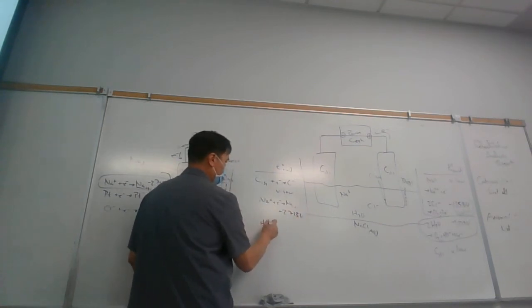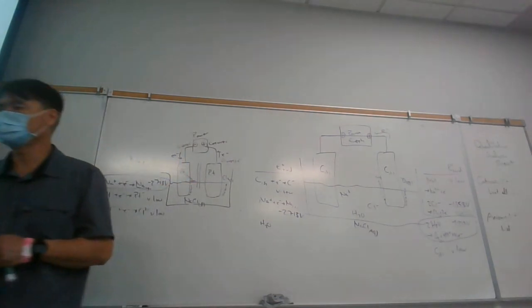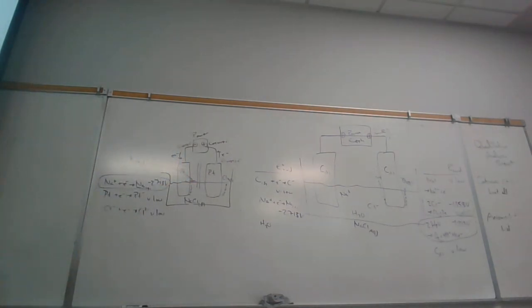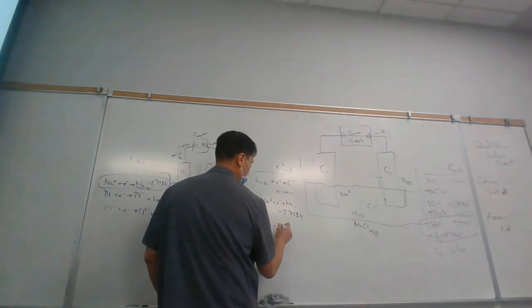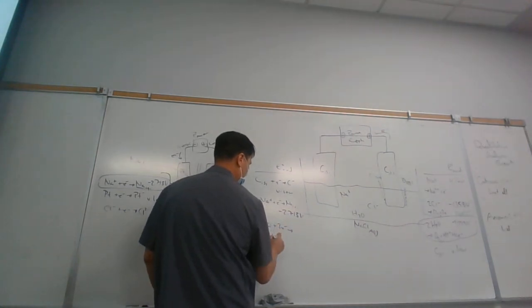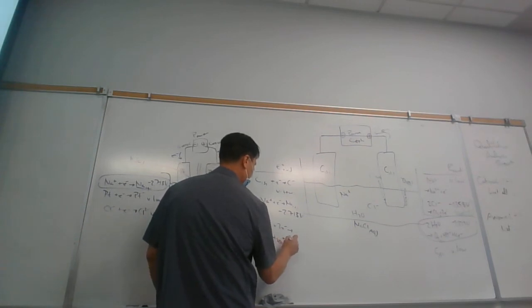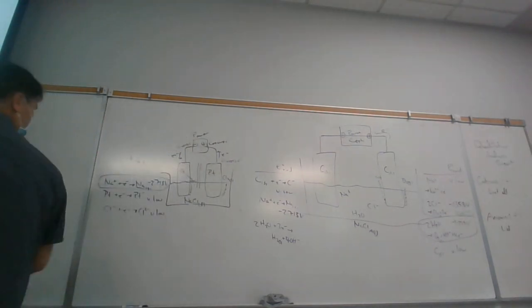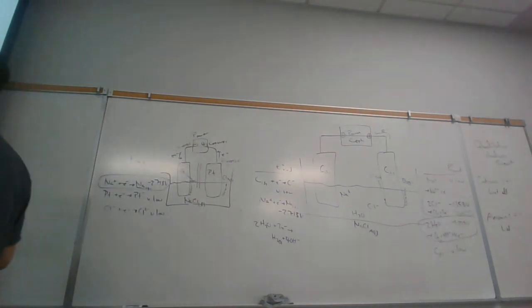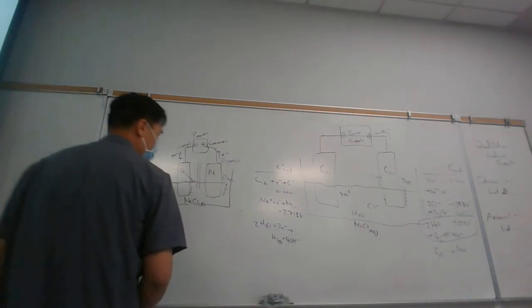And then we can also reduce water. And water is actually at the bottom of the chart here, and that is a negative 0.828. And so what happens with water is we take 2 water plus 2 electrons. This is going to yield H2 gas plus 2 hydroxides.